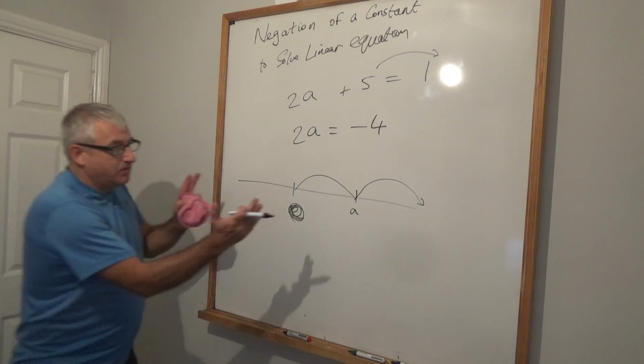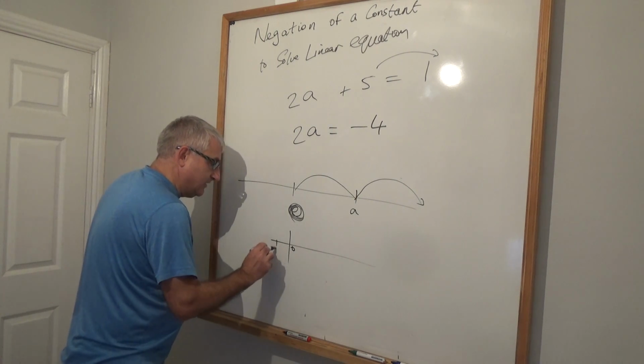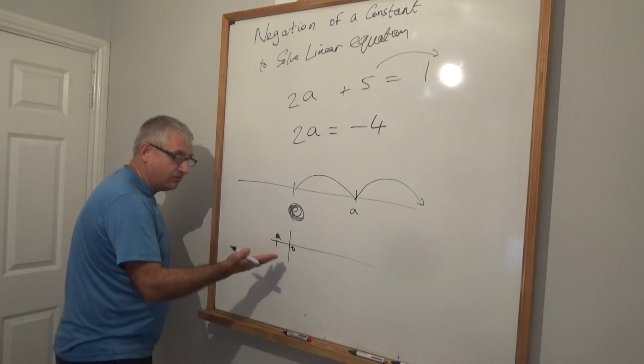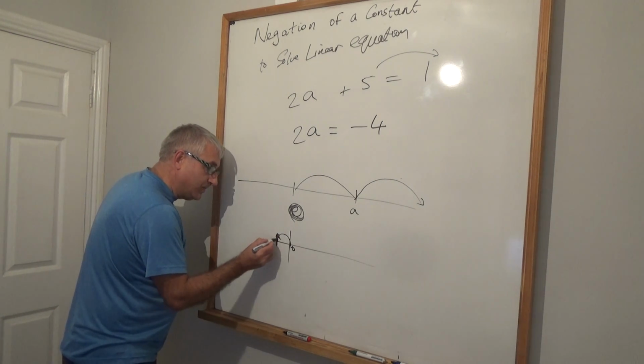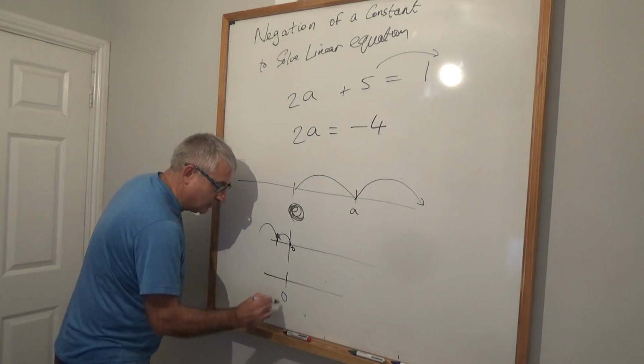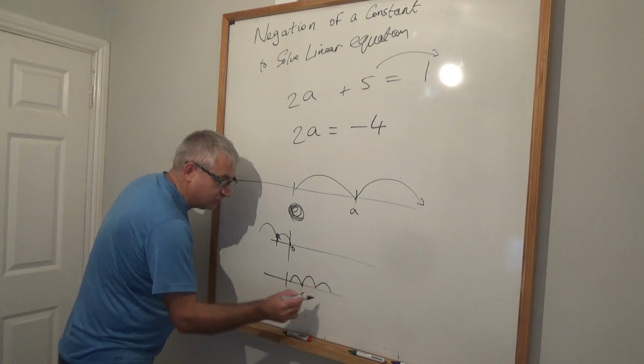So it's relative to how big a was. And if a happened to have been a negative number, it's a variable, then you will repeat that. And if it had been treble a, you have to consider this relative jump.